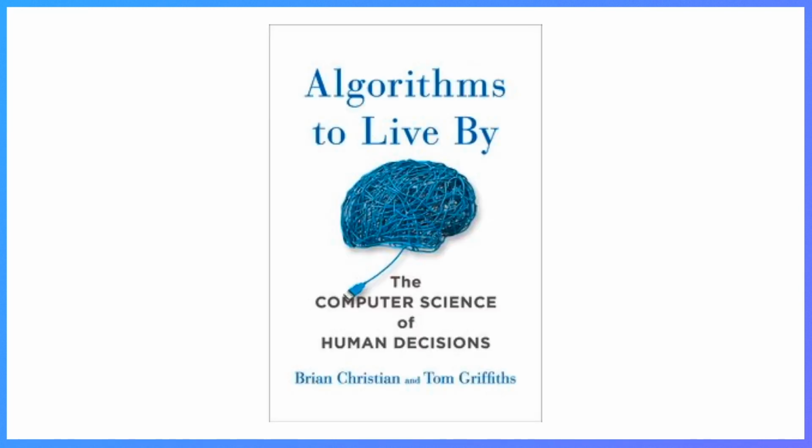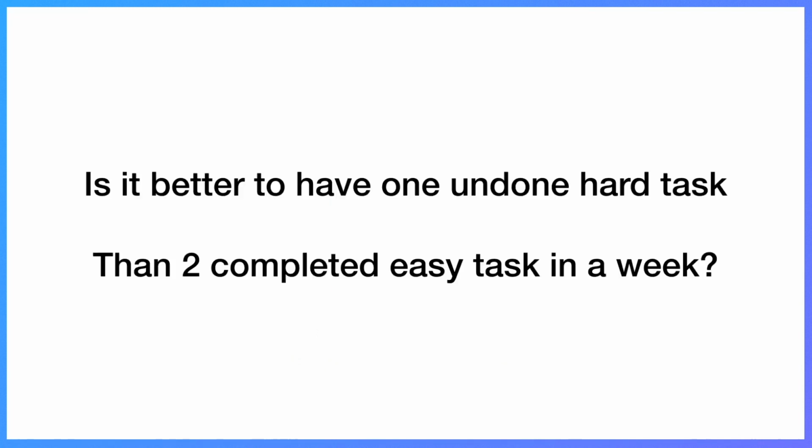However, in my opinion, if you read this book called Algorithms to Live By: The Computer Science of Human Decisions, there is this concept: is it better to have one undone hard task or two completed easy tasks in a week? Think about it, which actually takes more time to be done?